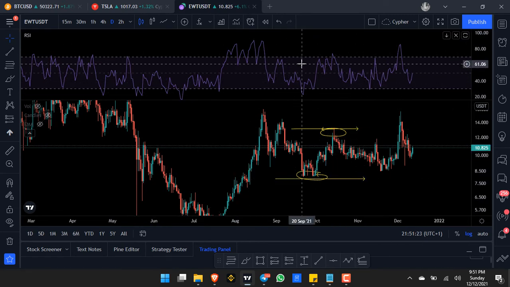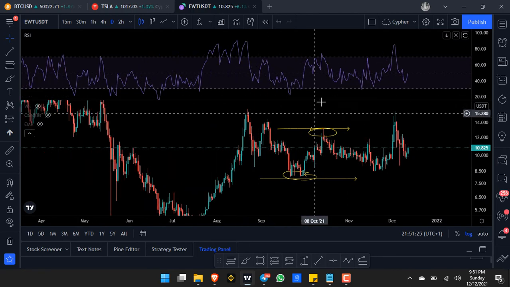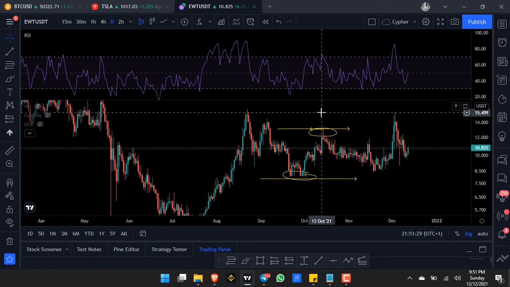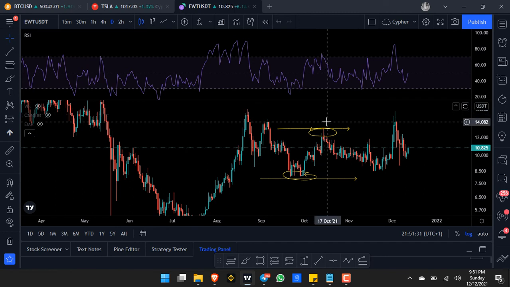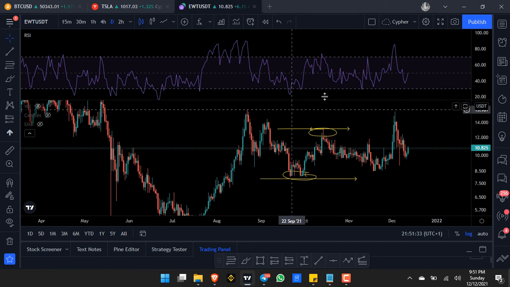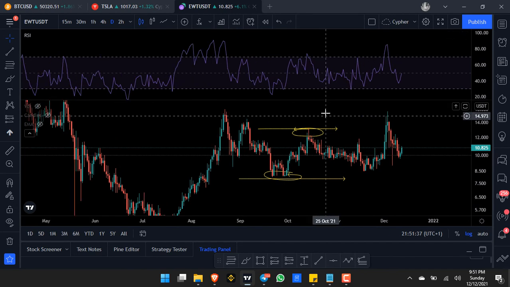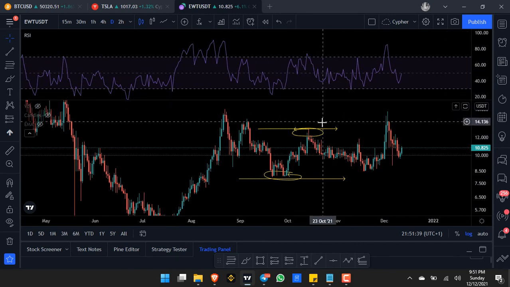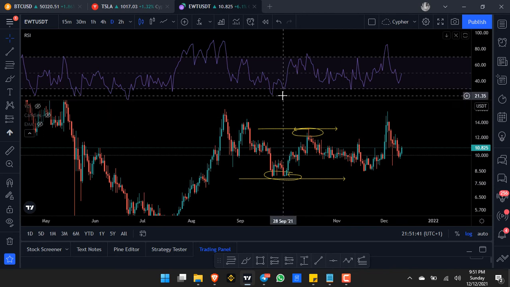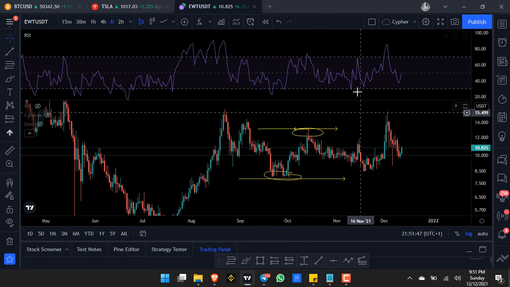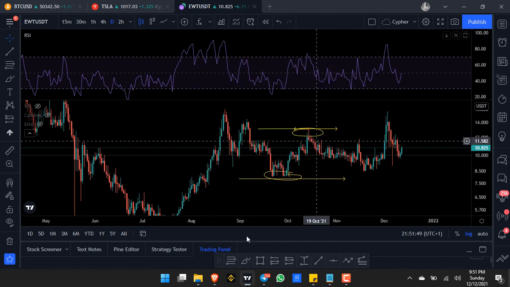The reason why I pointed out RSI, because personally I find RSI to be more of a tool than an indicator. So that is why I particularly taught you guys RSI. I see RSI as a useful tool, not an indicator. Even though it's under the indicator section, I see it as a tool, not an indicator.